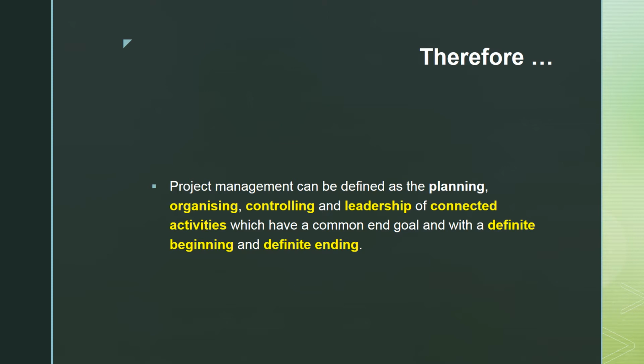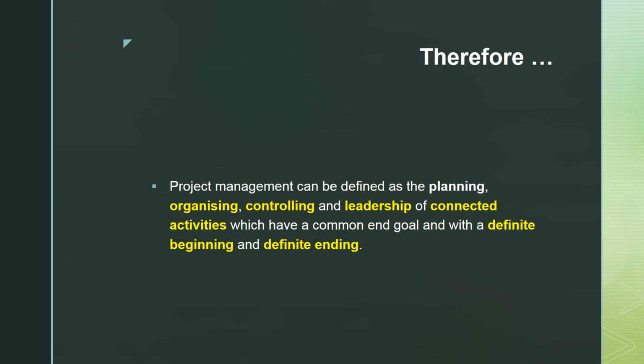Now, my take from the two descriptions we have, the description of project and the description of management, is that project management can be defined as the planning, the organizing, controlling, and leadership of connected activities, which can be complex, which have a common end goal and with a definite beginning and a definite ending.